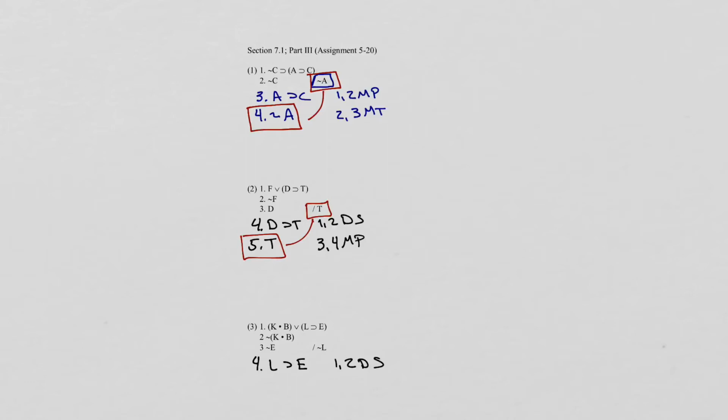Okay, and now we're going to look at line 3 and 4. We have the negation of the consequent, which means we get to negate the antecedent. So we'll get not L, using line 3 and 4, modus tollens. And we know we're done. Bam.